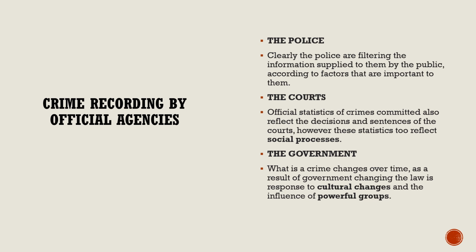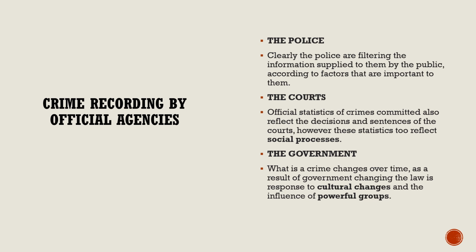So a good example is homosexuality. This was a crime and then it was decriminalised. Therefore, all of a sudden that particular crime just ended and it no longer featured in statistics. So being able to change what constitutes crimes allows the government to some extent to manipulate statistics.